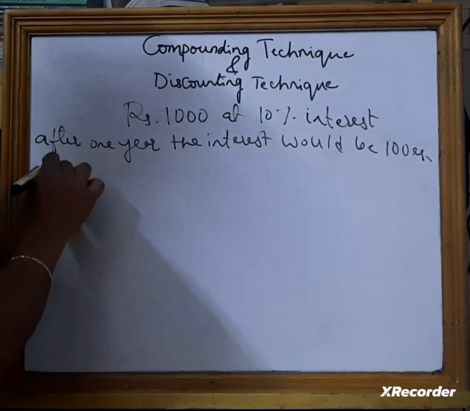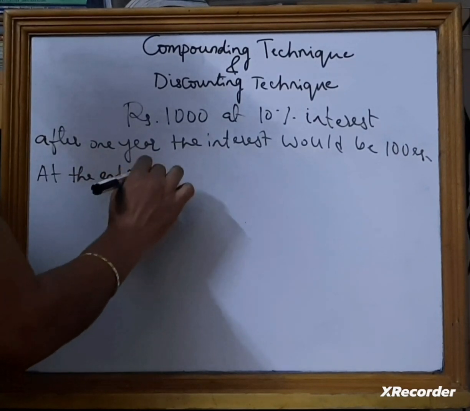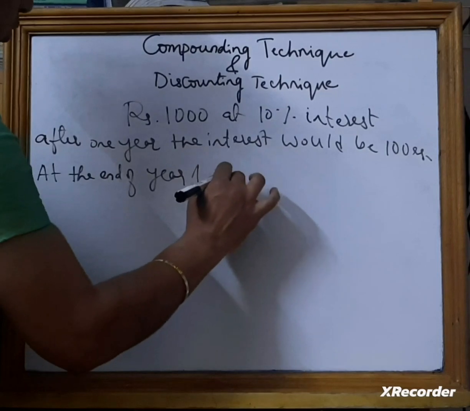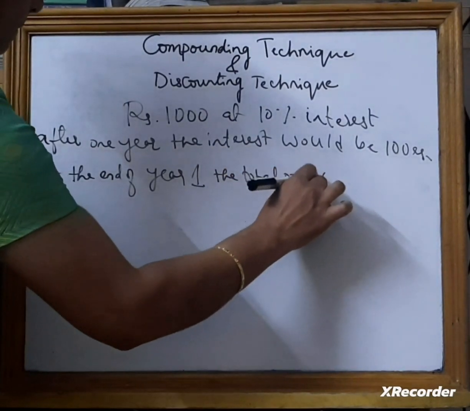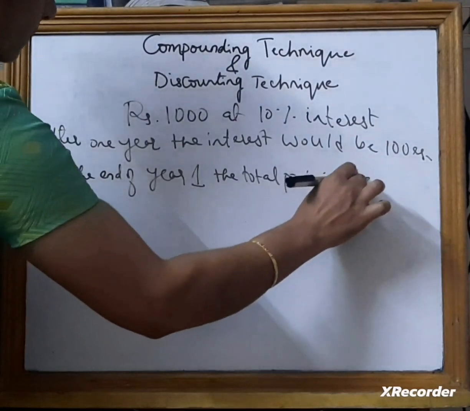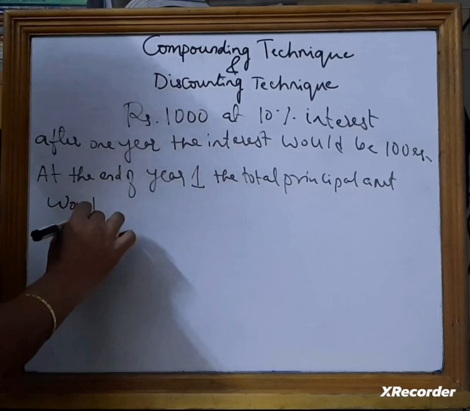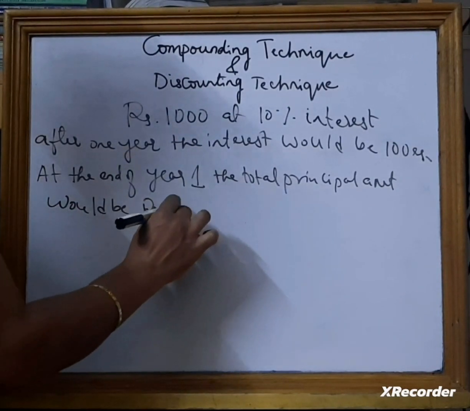At the end of year one, the total principal amount would be rupees 1100.